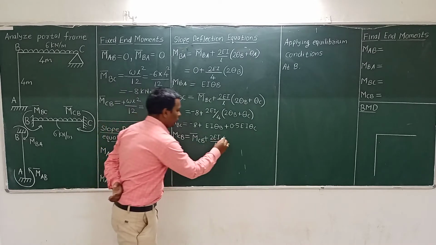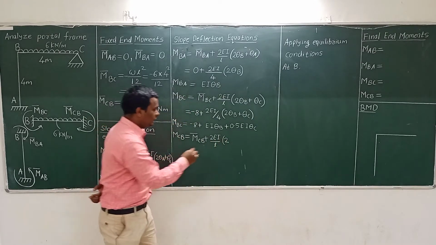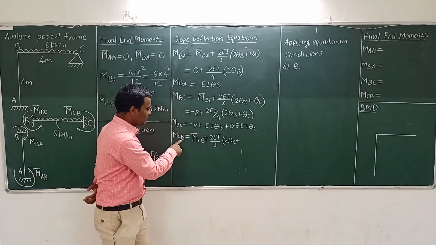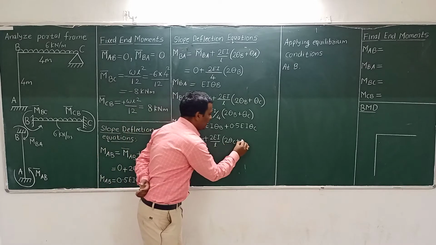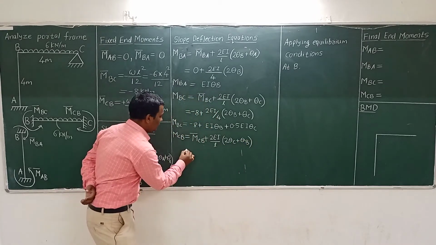Inside the brackets, twice the slope at the first point. The first point is C, so twice theta C, plus the second point is B, so the respective slope is theta B.